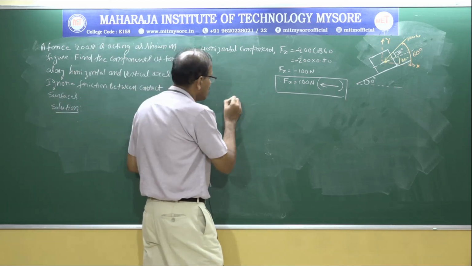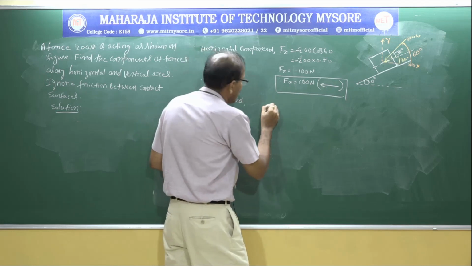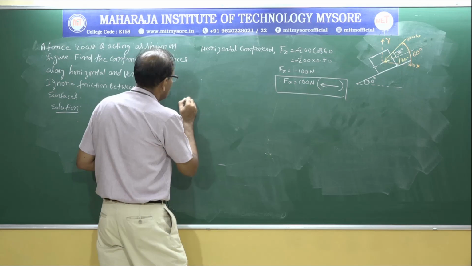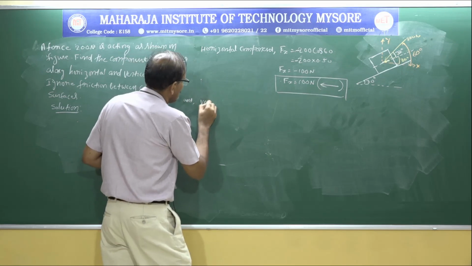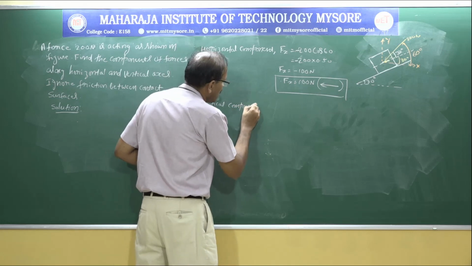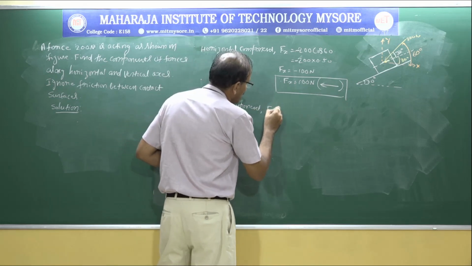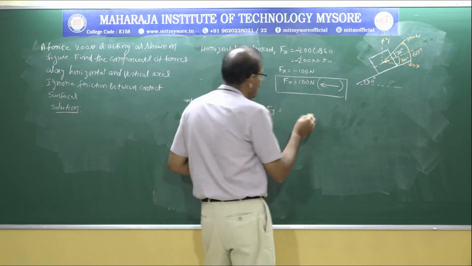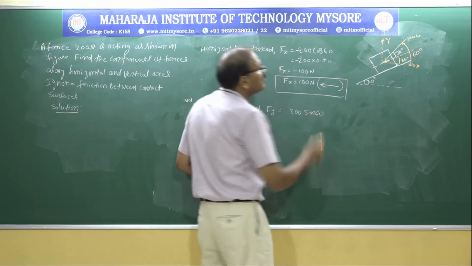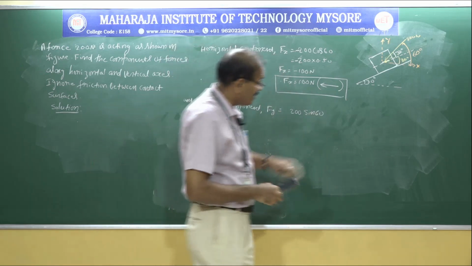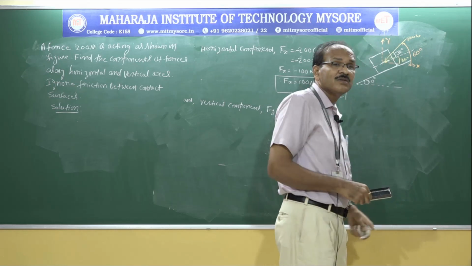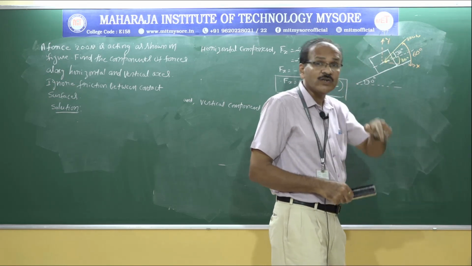And similarly, vertical component Fy equal to 200 sin 60. This is fixed, move the tail and it becomes vertical acting downwards.